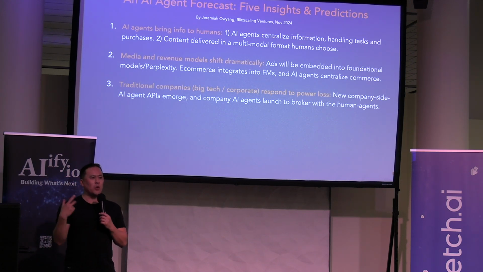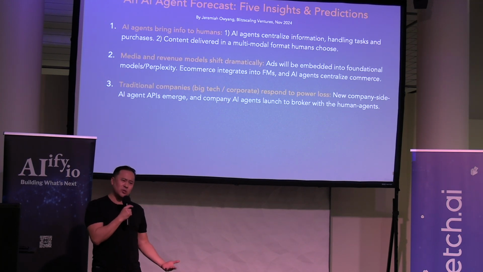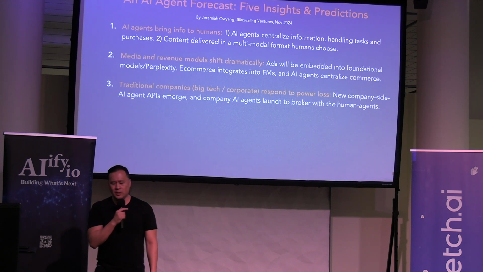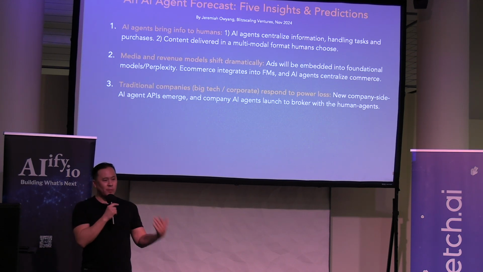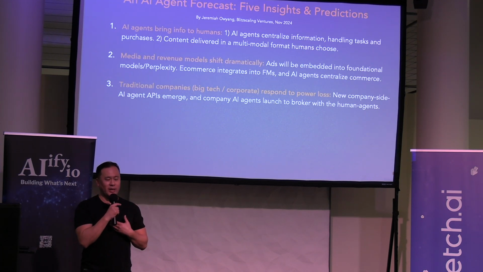They're going to launch their own APIs so agents can talk to them in a very fast way. Right now, the agents are simulating the human click path. It's too slow and too error-prone. And it also means that corporations are going to launch their own AI agents to be in collaboration with your consumer-side agent.